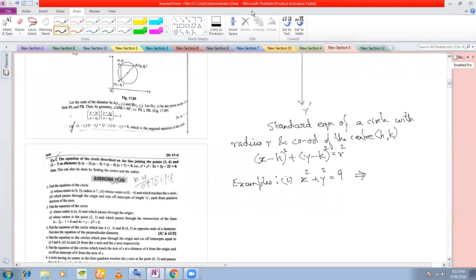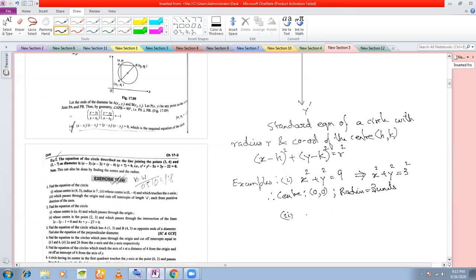The radius is 3 units and it passes through the origin, because it is of the form x square plus y square is equal to a square. And why is the radius 3? Because 9 can be written as 3 square. Therefore, the center is the origin, and the radius here is equal to 3 units.